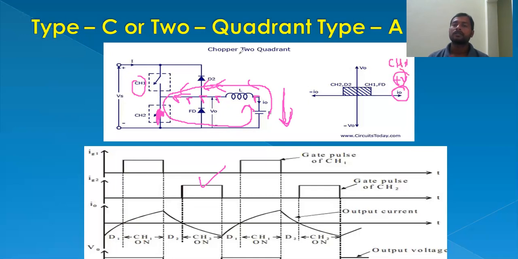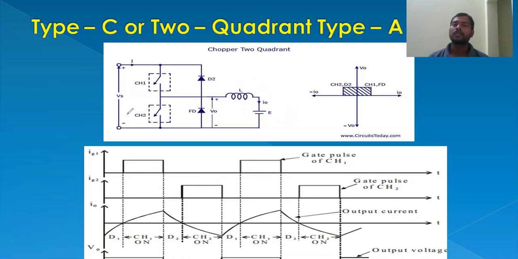Now when chopper 2 is on, this battery will release its energy in this direction only. So we have another path. Here the diode is reverse biased so the current will not be allowed. But here diode D2 will be forward biased, but this battery voltage is less than the supply voltage.